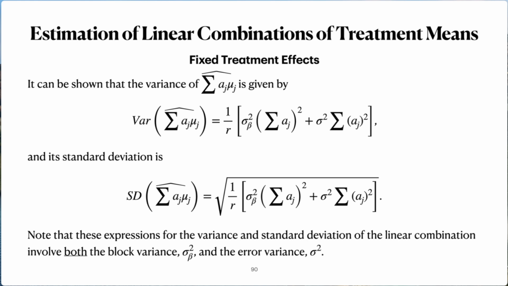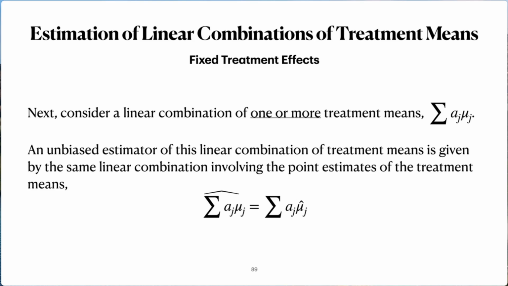Now, in this case, it can be shown that the variance of this point estimator of the linear combination, and by the way, notice that I'm no longer calling it a contrast because we have not stipulated that. We've not restricted our attention to contrasts. We're looking at general linear combinations. This would certainly include contrasts, but it also includes things that are not contrasts, and in particular, we're allowing for the possibility that the sum of the a sub j's is not equal to 0.